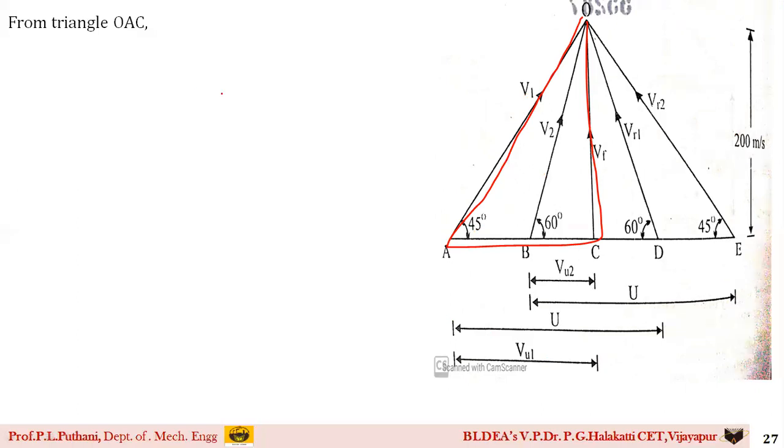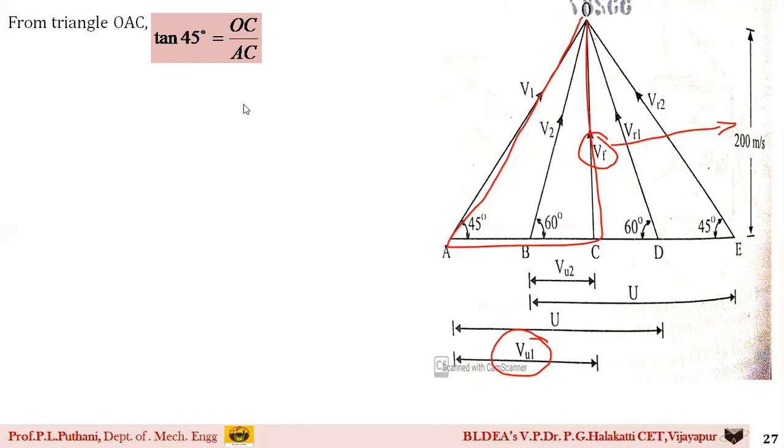If I use the tan function, tan 45 degrees is OC by AC, as you can see in the picture. OC is nothing but VF itself, and its value is 200 meters per second. With the value of tan 45 degrees, you will get the value of AC, that is VU1.